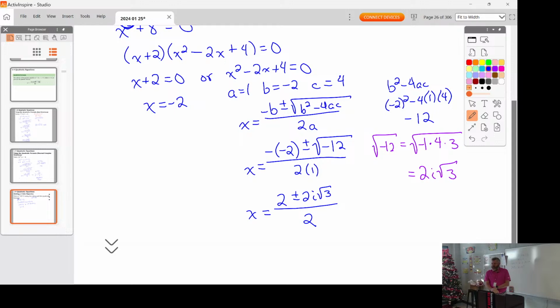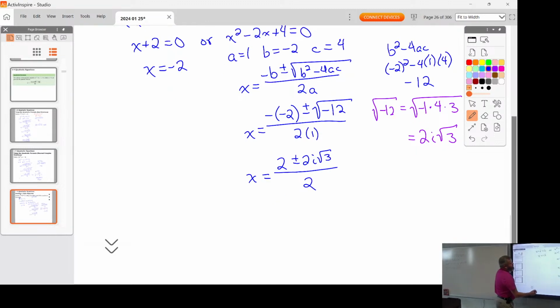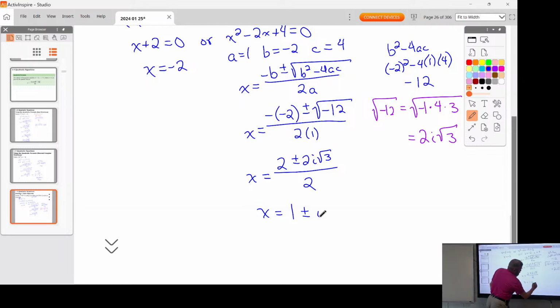Factor 2 out of the top. Cancel the 2's. I get x equals 1 plus or minus i root 3.